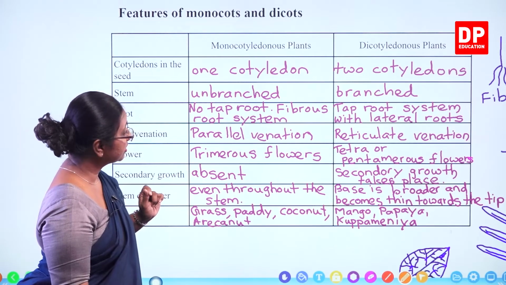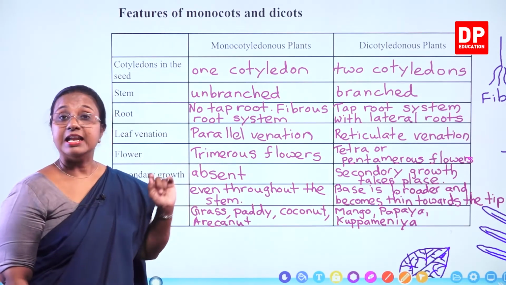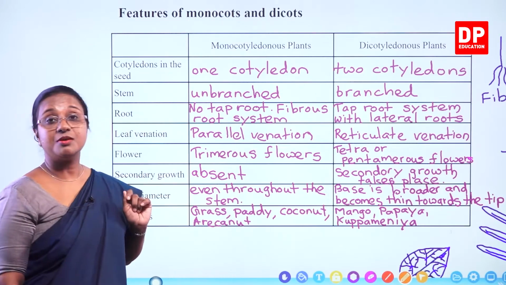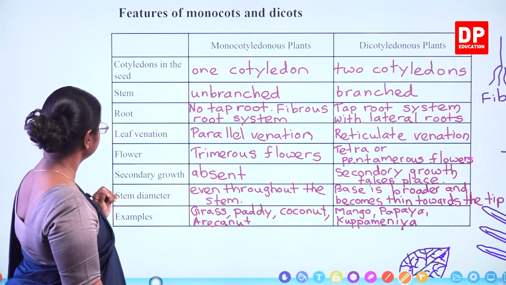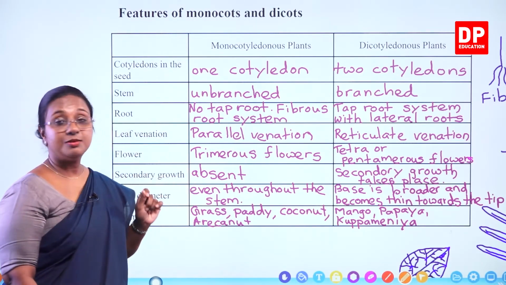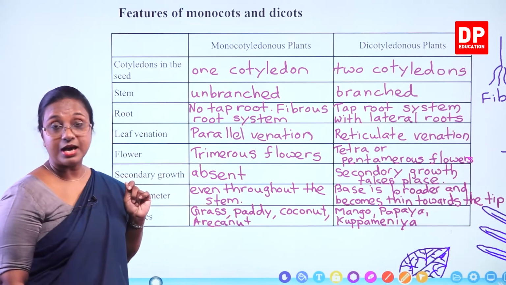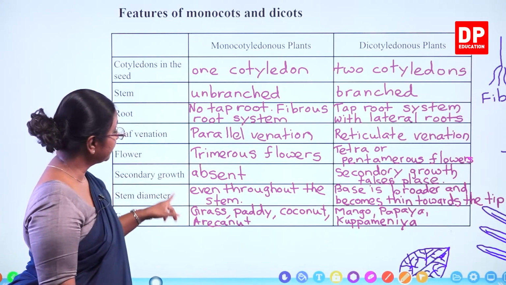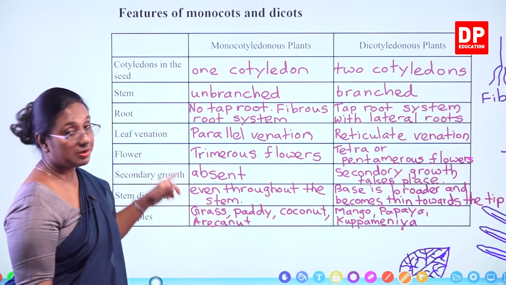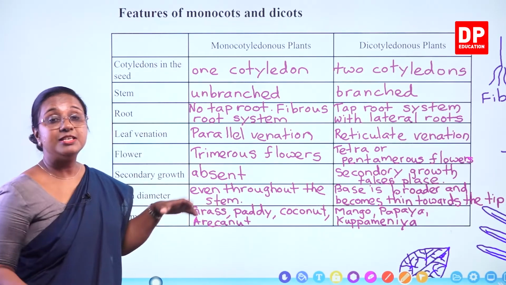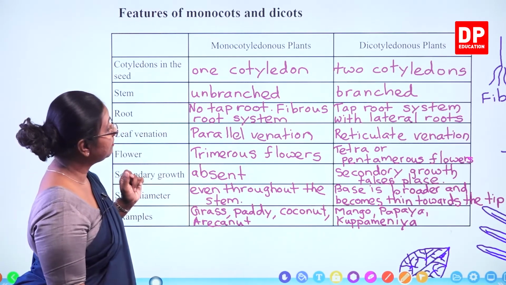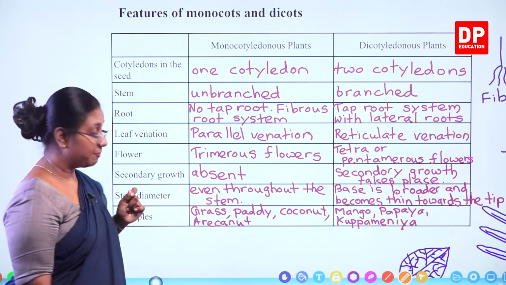Flowers are trimerous flowers in monocots and in dicots, it's either tetramerous or pentamerous flowers. Secondary growth is absent in monocots, it's seen in dicot plants. Then stem diameter is even throughout the stem in monocots, whereas the base is broader and it becomes thin towards the tip of the plant.